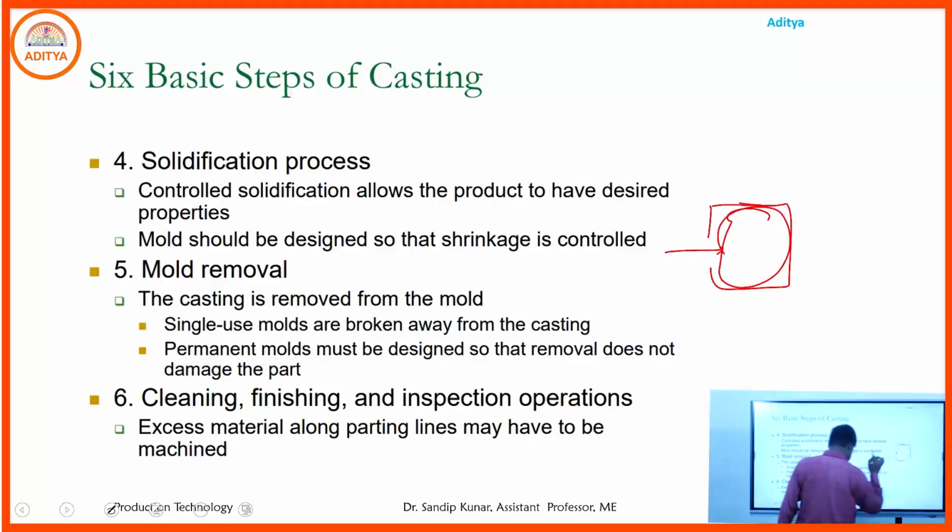What happens then? After a certain time it will solidify, and it will take the particular shape as per the mold cavity shape. After solidification there will be shrinkage, which means it will create extra voids. For filling up the extra voids, extra material comes from the riser.